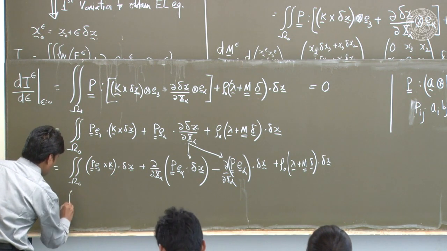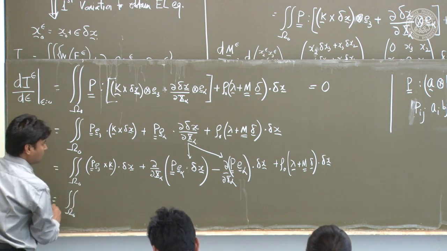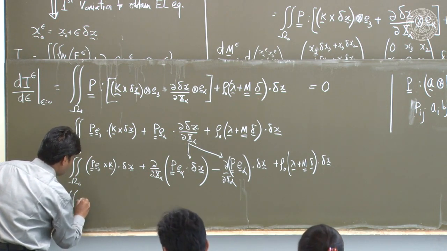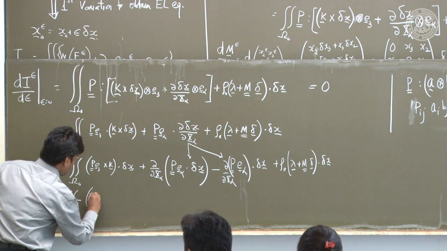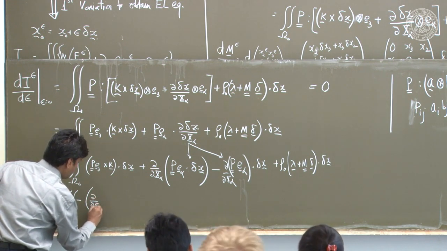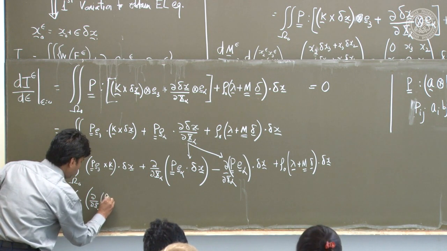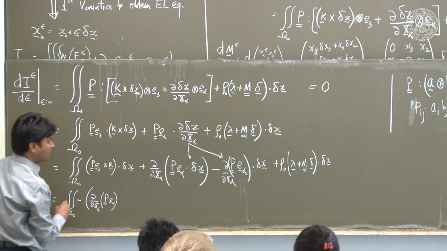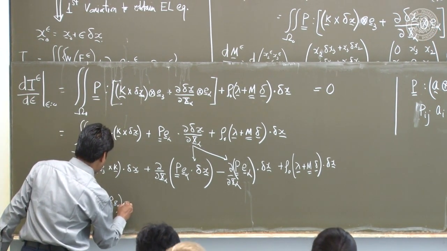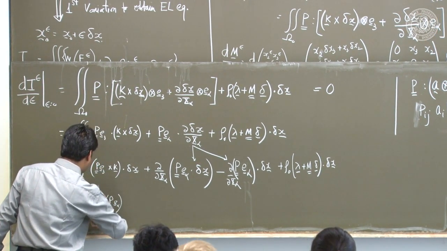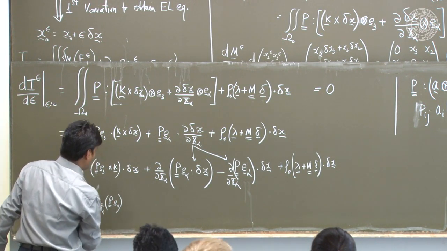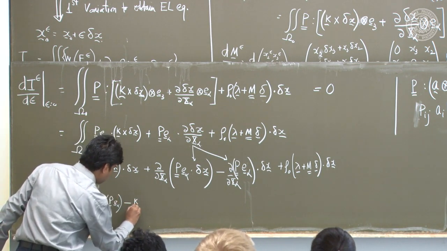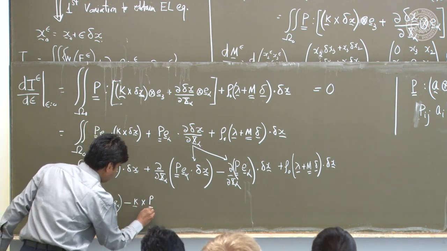So, this is integral over omega naught of, maybe we take a minus, then del over del x alpha of p e alpha, then okay, we make it a big bracket, and this I will write as k cross p3.